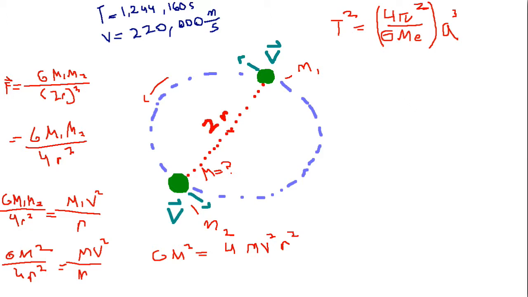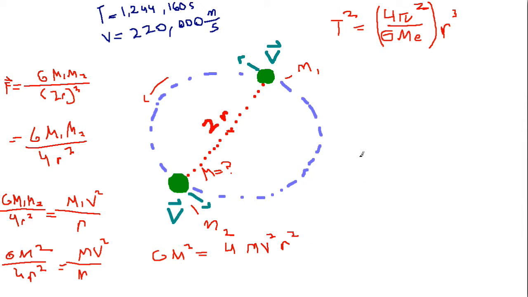And really, a is the radial distance, which for a circle is the semi-major axis. So let me erase that; this is going to be r. The good thing is, now that we have these two equations, we can cancel out an unknown and solve for what we really want, which is m.